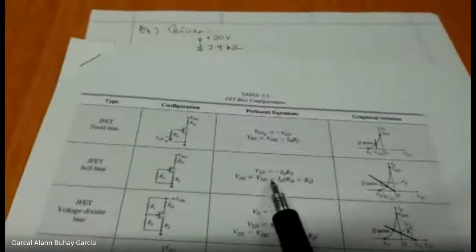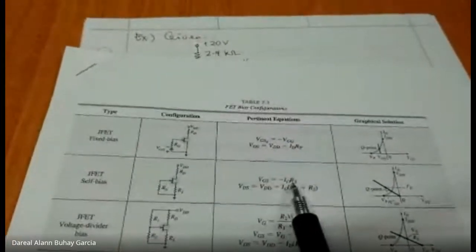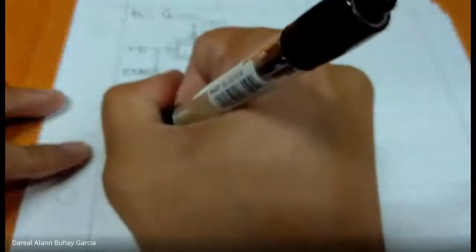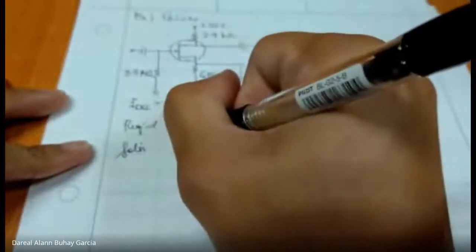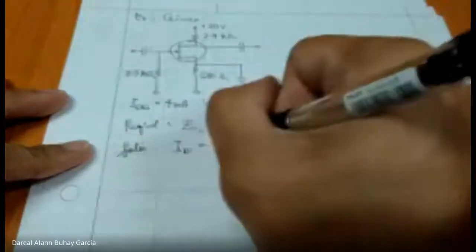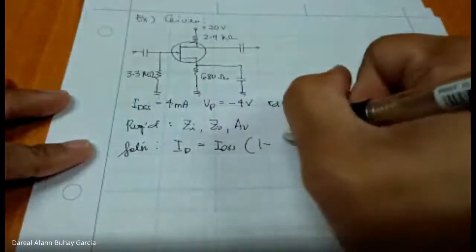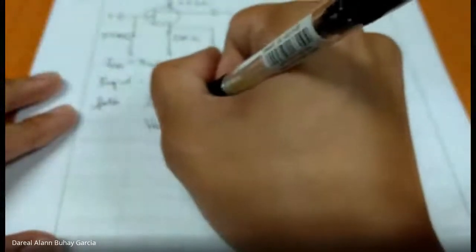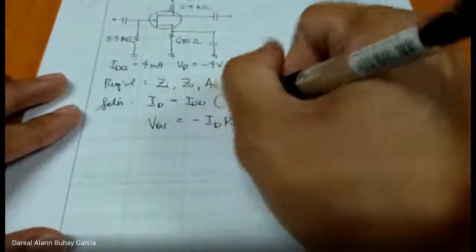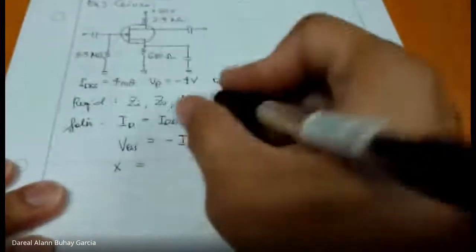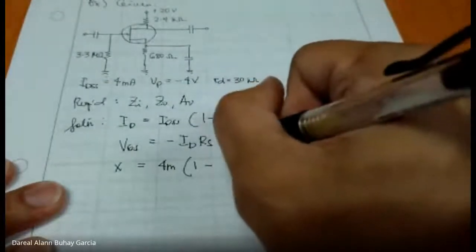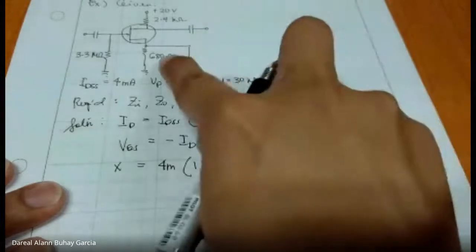Okay, so the expression for VGS for a self-biased Jfet is negative IDRS based on lookup table. But VGS is negative IDRS. Okay. $680.